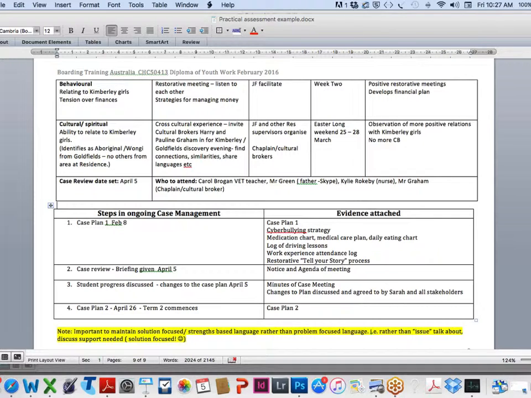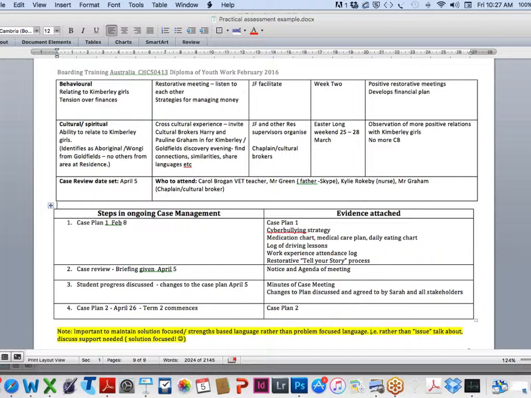And then there's the cultural and spiritual aspect, and we've identified a gap between the two groups, and we want to try and work on some cross-cultural experience with our cultural brokers, who are also the chaplain and his wife, and we're going to develop a cross-cultural experience to build some positive relationships between the two groups over the Easter long weekend.